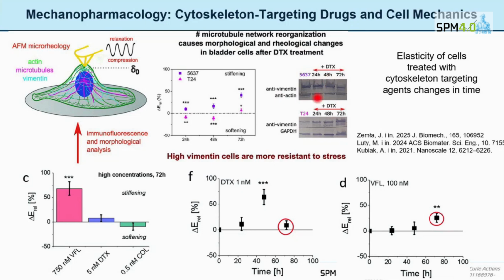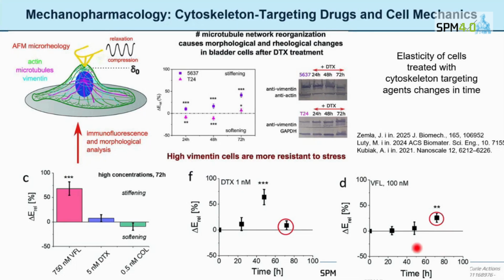In the case of the low-grade cancer cells, we actually see a drop in vimentin and an increase in tubulin. So the cells become stiffer because the structure of the cytoskeleton is dominated by the tubulin network, and microtubules are very stiff biopolymers.